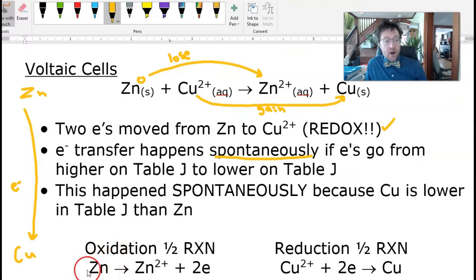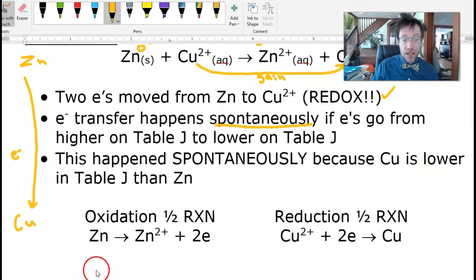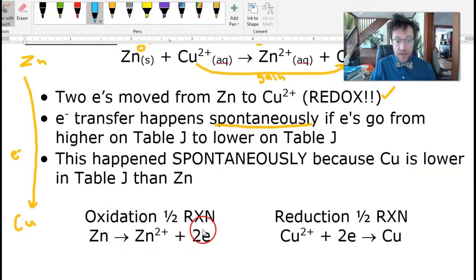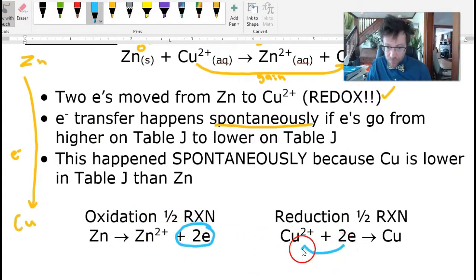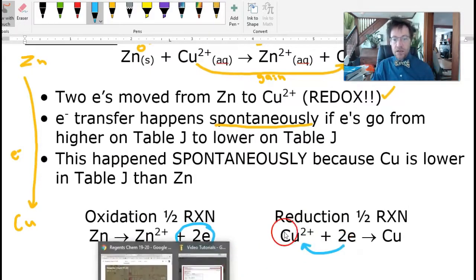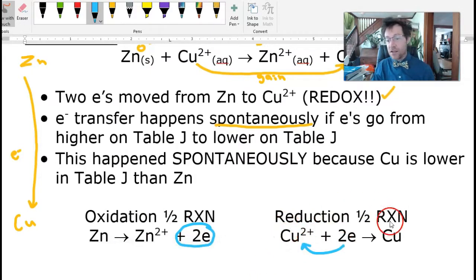So what happens is our oxidation is right here, where zinc loses 2 electrons. If you notice what's going on there, there are the electrons. They popped out. And over here, it's reduction. It's gaining electrons. The electrons are going to be smashed right into that ion, and it's going to turn copper ion into copper metal.